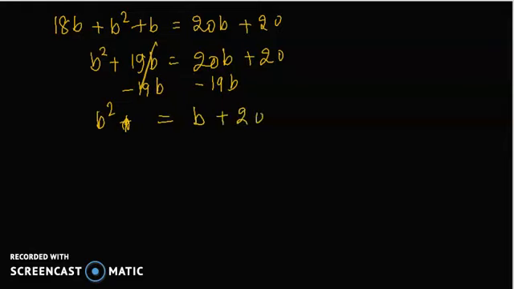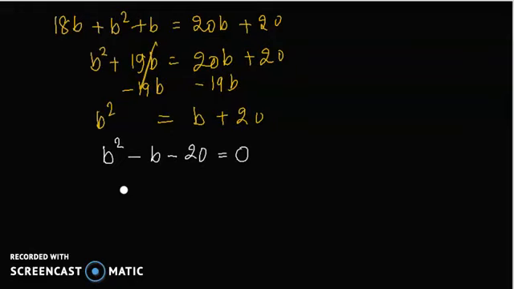Which after further simplification can be written as b square minus b minus 20 equal to 0. Now as we can see, this is a quadratic equation in b, which we need to solve in order to get the value of b. So we are going to use factorization method in order to solve this for b.